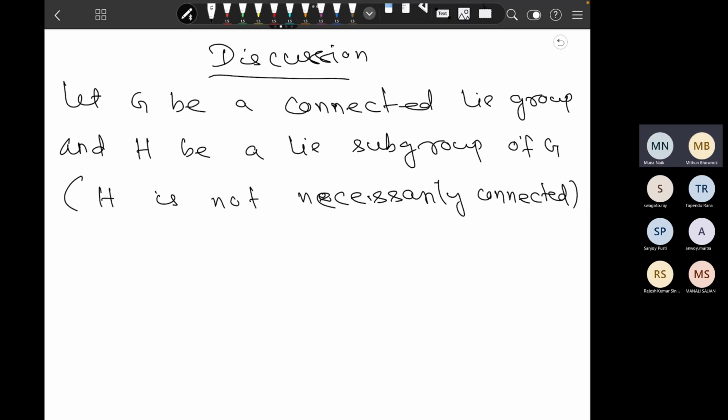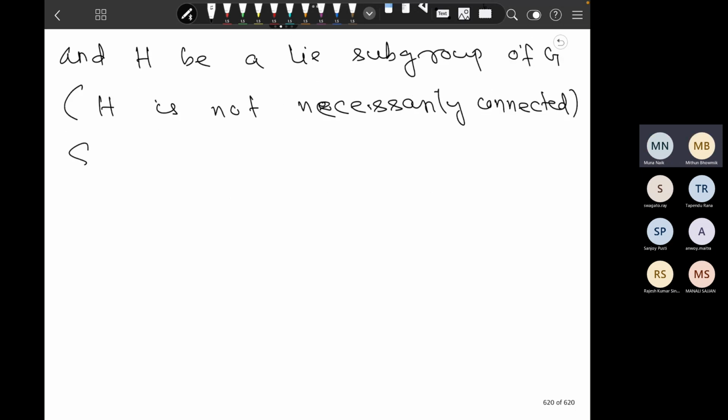If H is not necessarily connected, and suppose RGH is compact, which is the condition in the Riemannian symmetric pair case. Suppose RGH is compact.